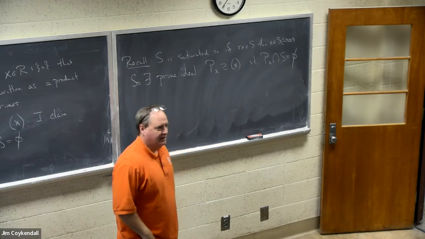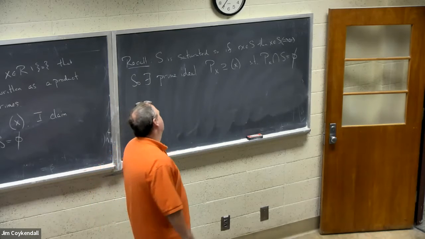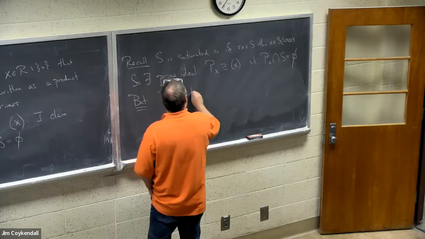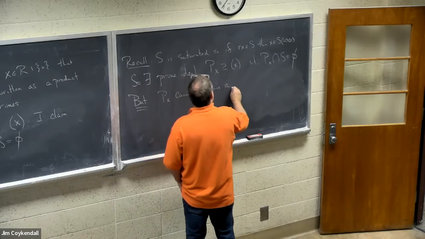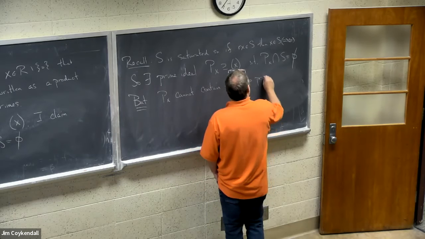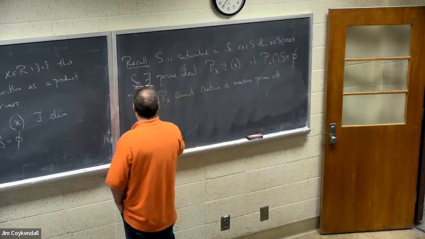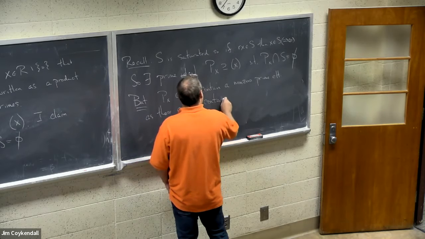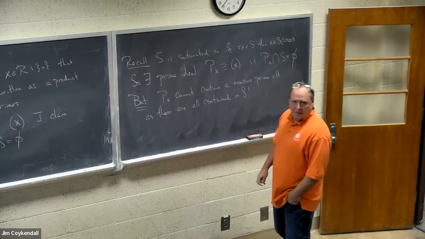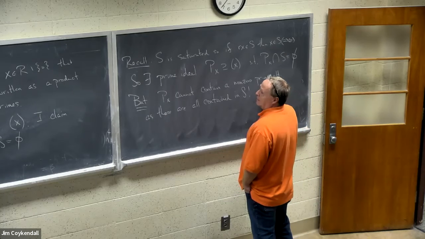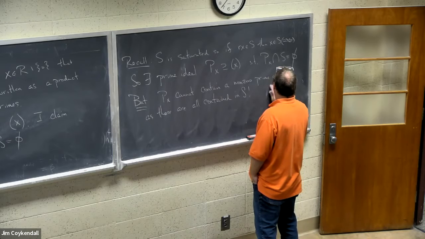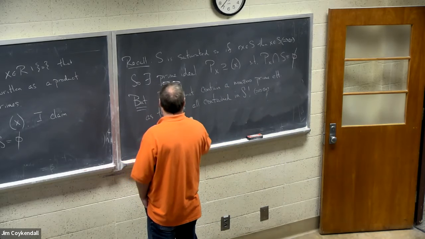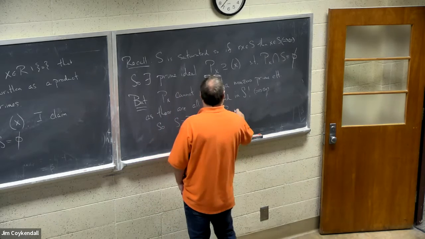Based on all this, you have to have a non-zero prime element that you can add in. So S is R minus 0, and R is a domain.